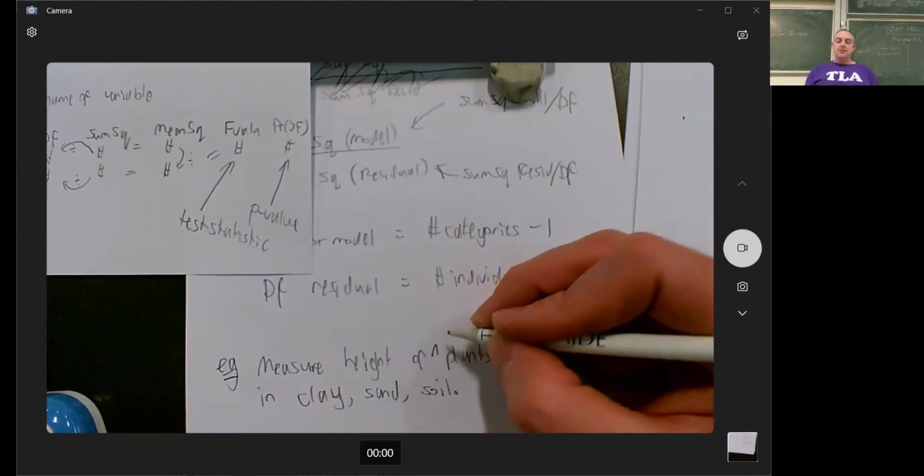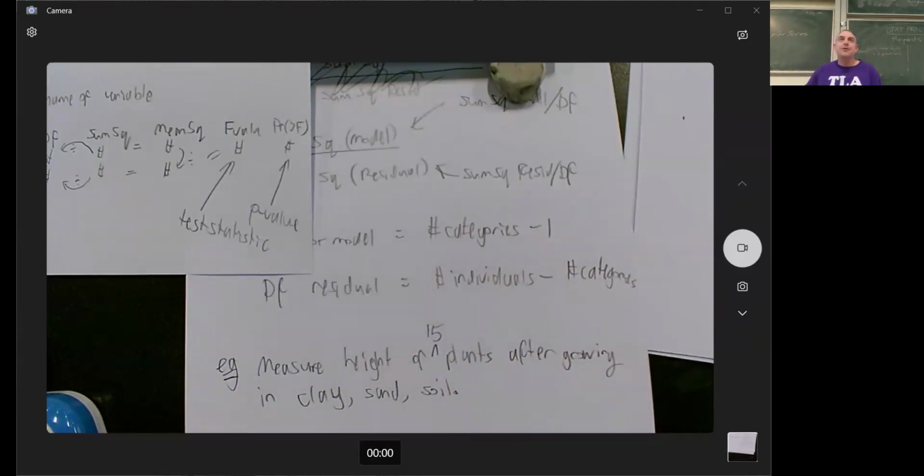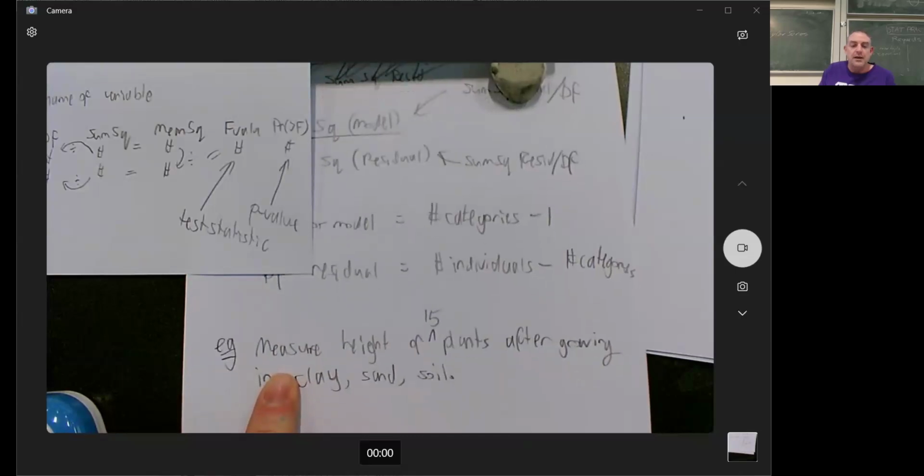How many plants? Let's say 15, 5 each in each of those. So this is a setup of an experiment that would actually happen and actually did happen at Wake campus. Measure the height of 15 plants after growing in clay, sand, and soil. That's a numerical outcome, the height. And this is a categorical variable, which kind of soil it is.